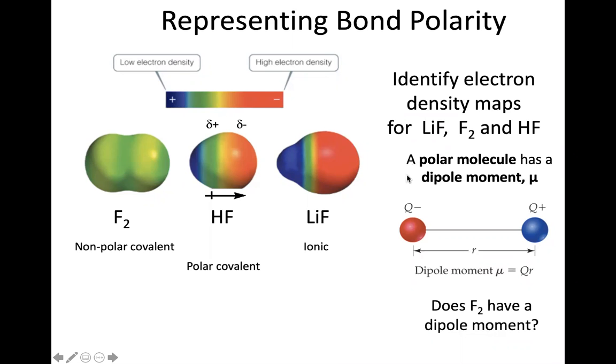So if you see this language or a question that asks about, is it something with a dipole moment? Dipole moment means that it is a polar molecule. So if I'm thinking something like F2, would F2 have a dipole moment? The answer is no. It is not a polar molecule.